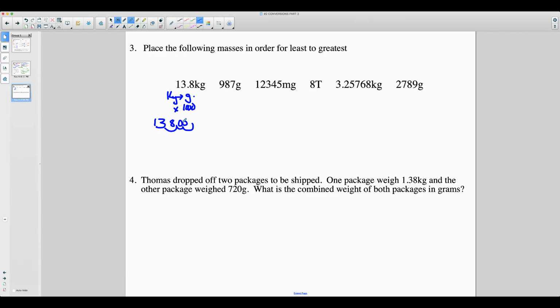Now I have a new number here. I have 13,800 grams. This one's already in grams, so that's easy. So 987 grams. That stays there.